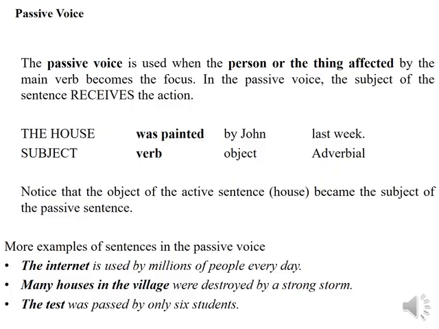But here, under passive, John is the one receiving the action. It's not the object. So the house is the subject under passive, but under active, the house was the object. So now we have the house, which is the subject, was painted, which is the verb, by John, which is the object, last week, which is what? Adverbial.